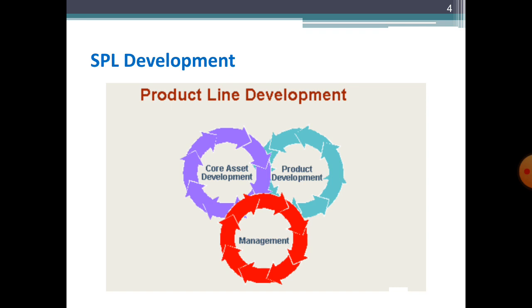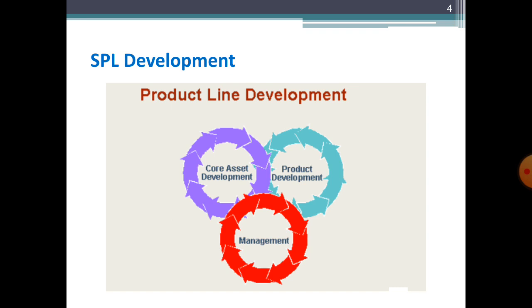So students, if a system requires an asset that is not included in the core assets, the core asset must be created if the asset can be shared across multiple products in the product line. In other words, if your core asset does not satisfy some system requirement, a new core asset must be created if it can be shared across multiple products.